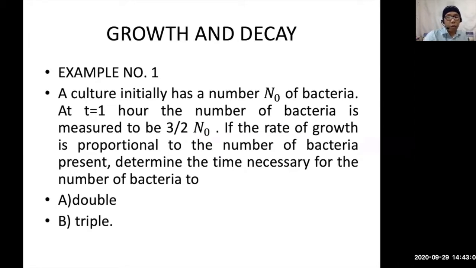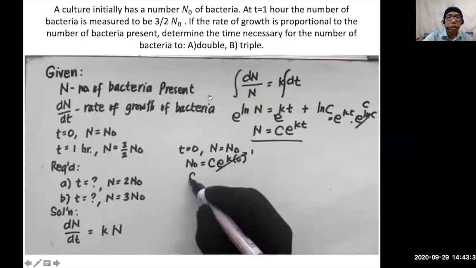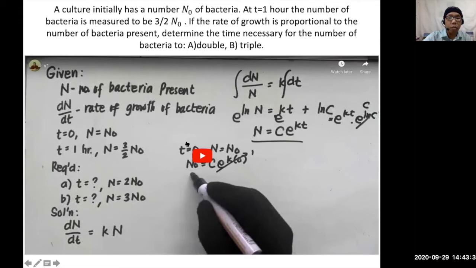If the rate of growth is proportional to the number of bacteria present, determine the time necessary for the number of bacteria to double and triple. So you are asked to determine the time that the number of bacteria will double, and in letter B, it will triple. Let us solve this first problem.